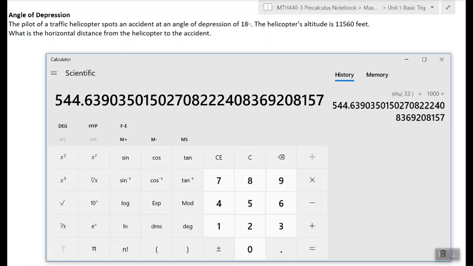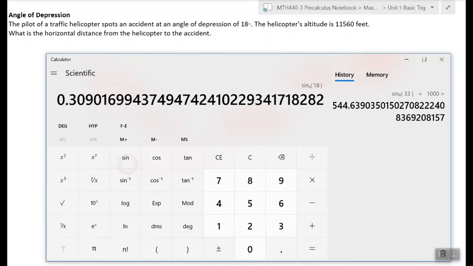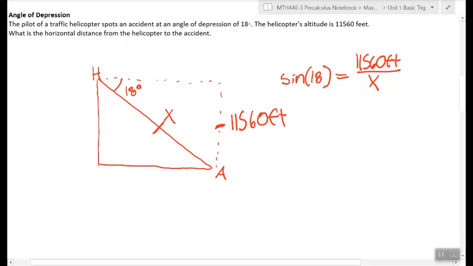So sine 18, we can plug it into our calculator. 18 sine is 0.309 dot dot dot equals 11,560 over x.